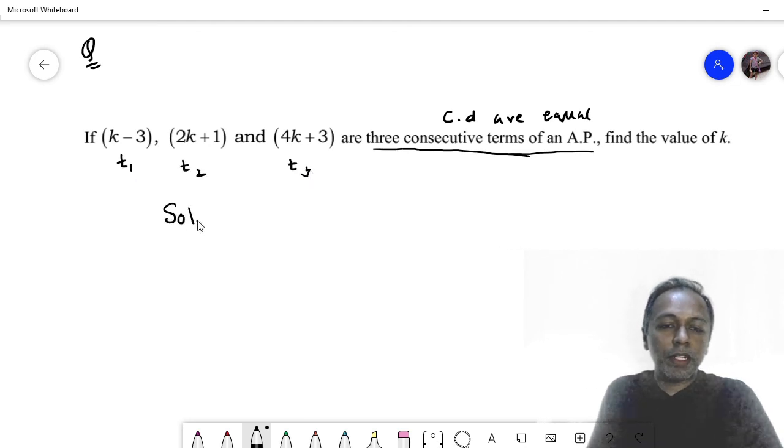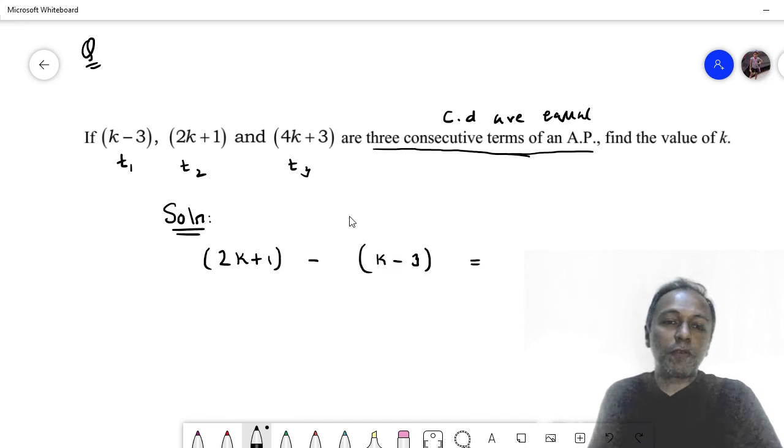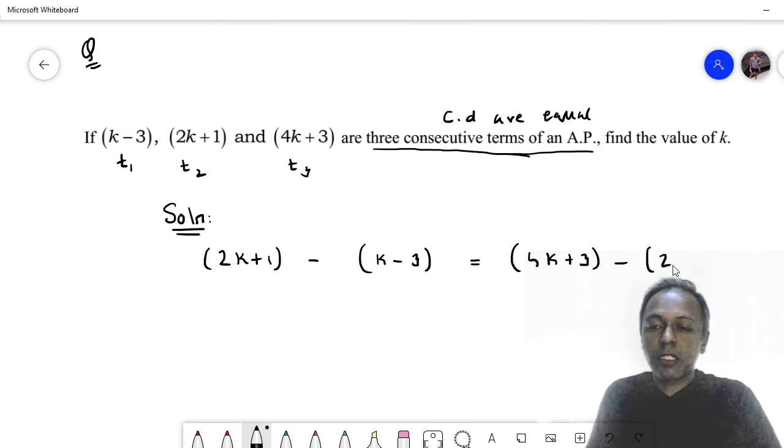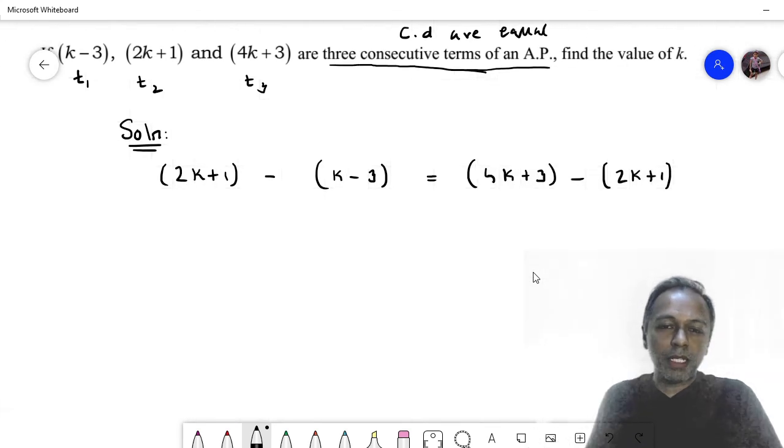So we can write in the solution that 2k plus 1 minus k minus 3, the difference between the first two terms, is equal to the difference between the third and the second, 4k plus 3 minus 2k plus 1.